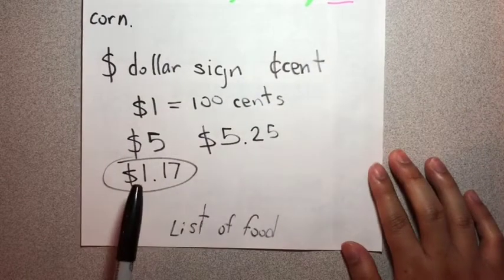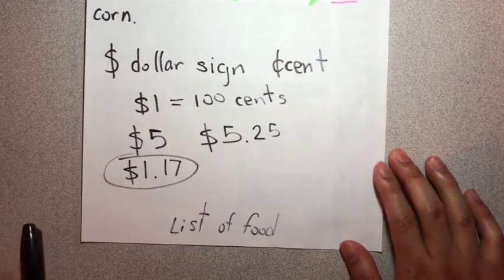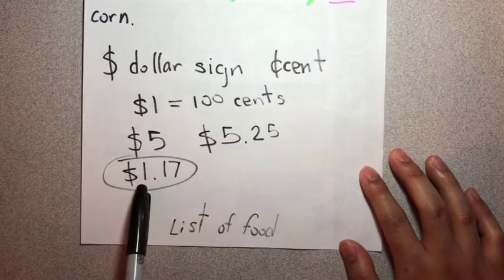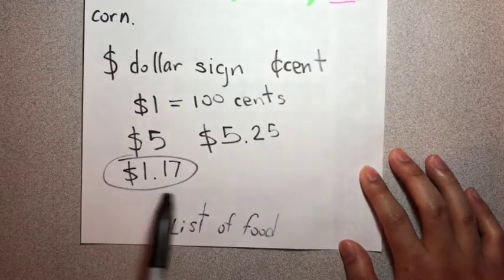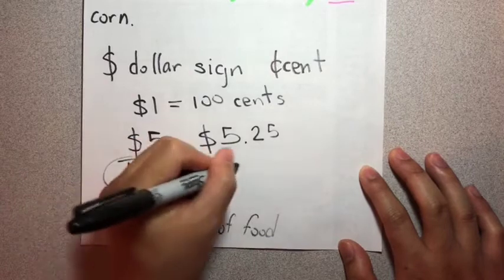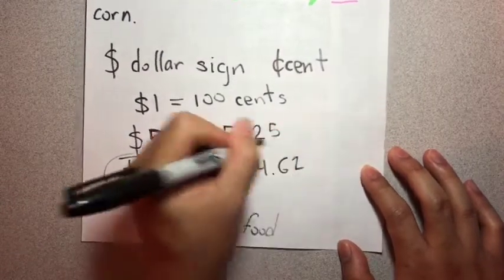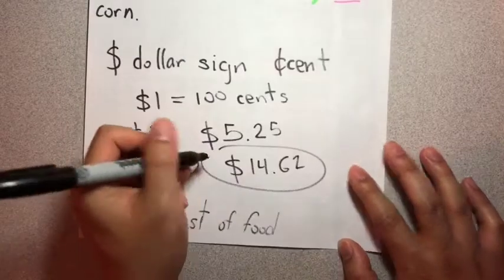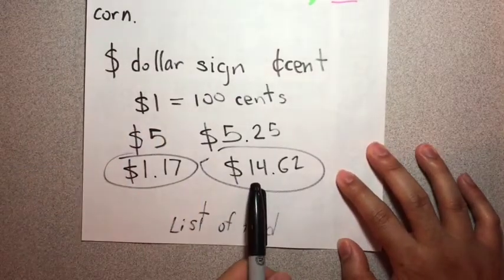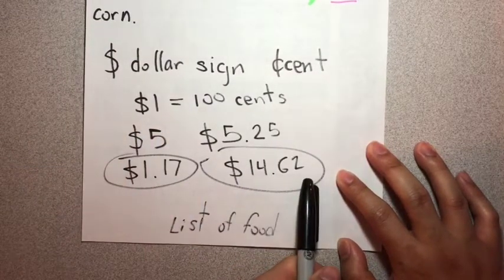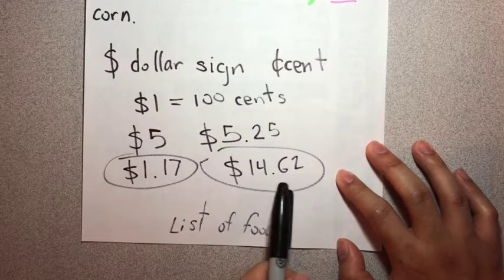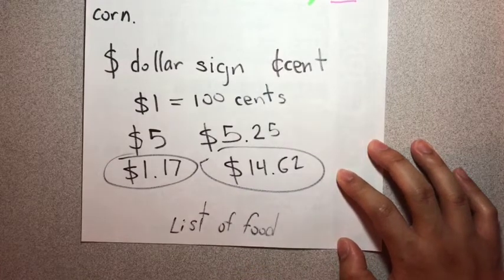Or we can say 1 17. We can just say this number and then we say this number, 1 17. So this is $14.62. Or we can say 14 62.